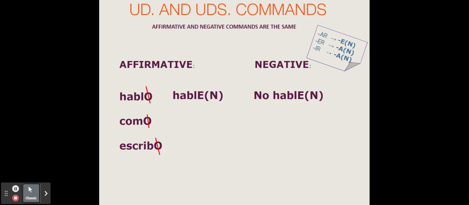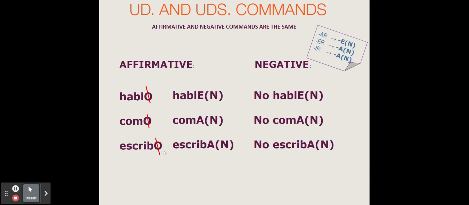In that case, he will use the tú form, but normally it's going to be the usted in professional communication. So, coma, talking to one person, ustedes coman, talking to more than one person. No coma, no coman. Okay? The same with escribir, escriba, escriban, no escriba, no escriban. And as you may remember, that's the usted, and then you add the n for the ustedes.